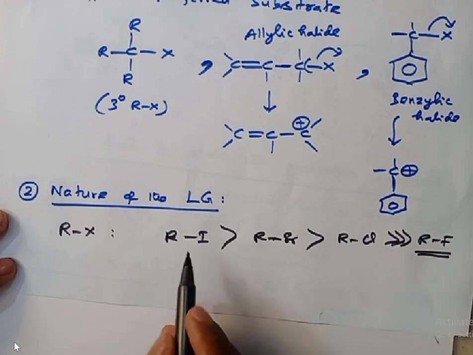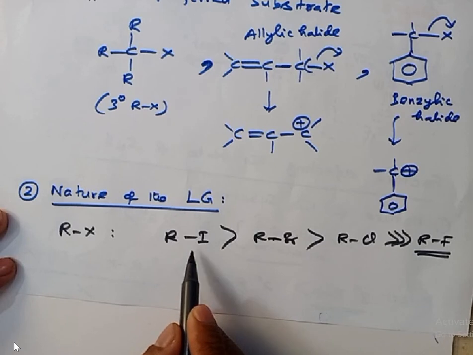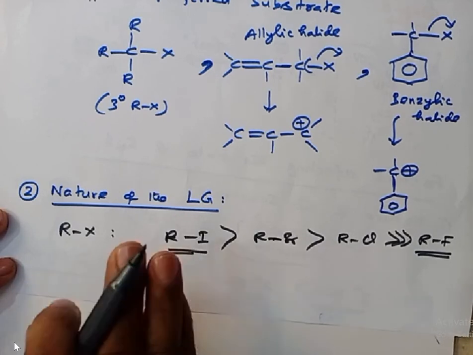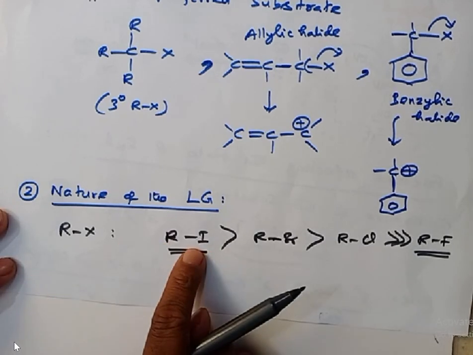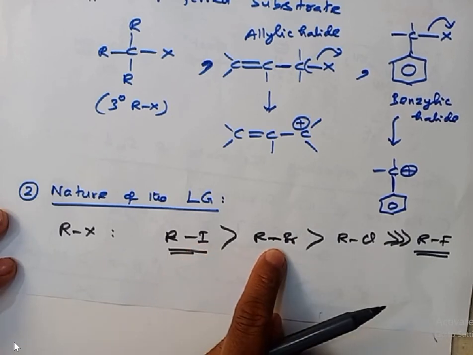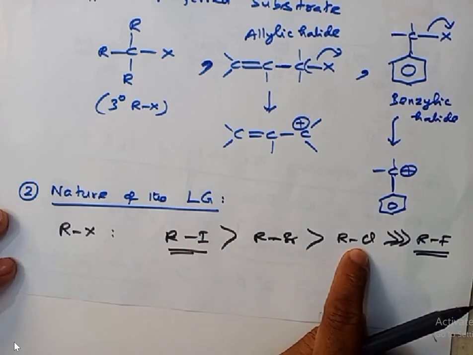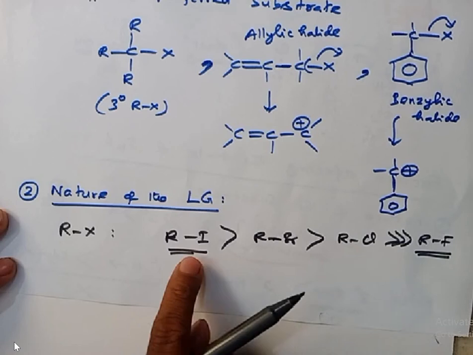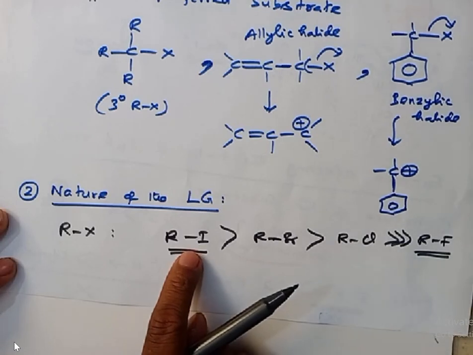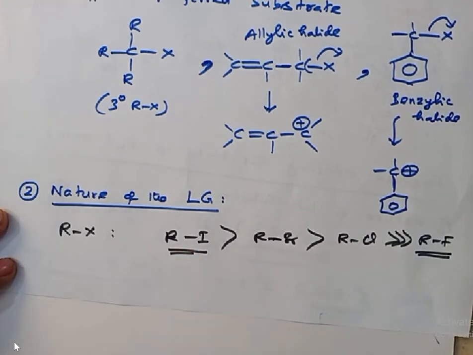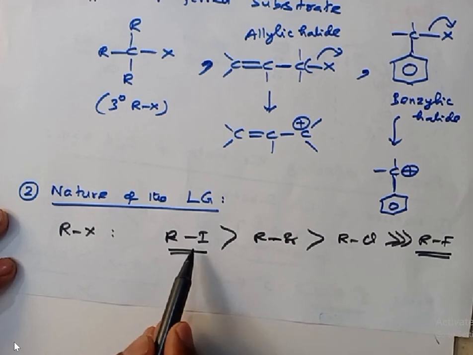So in alkyl halides, iodide is the better leaving group. If you take tertiary alkyl iodide, tertiary alkyl bromide, tertiary alkyl chloride and compare, tertiary alkyl iodide will undergo Sn1 reaction faster. Why? Because iodide is a good leaving group.